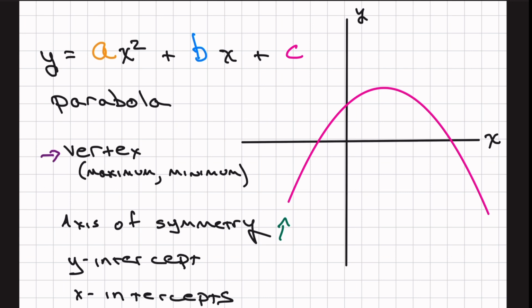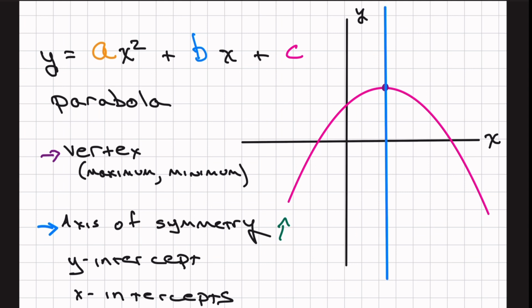You can see that this graph here on the right, it opens downward, so it has a maximum value, and it's right up there. Related to the vertex is the axis of symmetry. It is a vertical line that cuts right through the middle of the parabola. If you were to take this parabola and fold it in half across this vertical line, it would match perfectly.